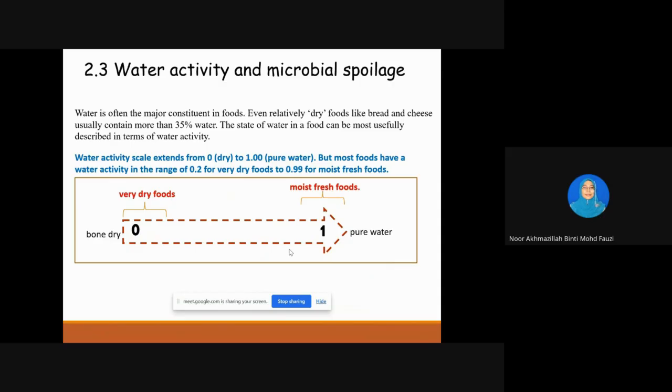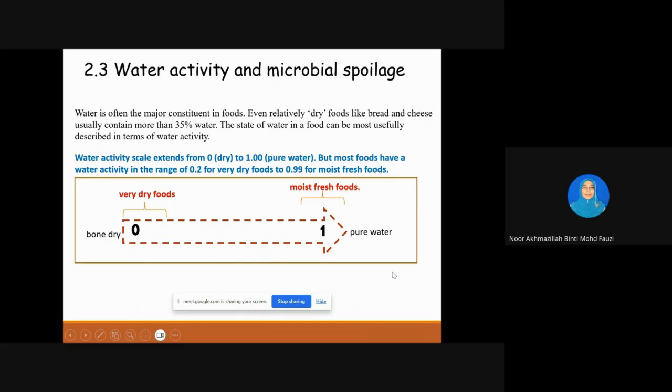As we learned before, water activity can be measured on a scale from 0 to 1. The scale extends from 0, which is dry, to 1, which is pure water. Most foods have a water activity in the range of 0.2 for very dry foods to 0.99 for moist fresh foods.